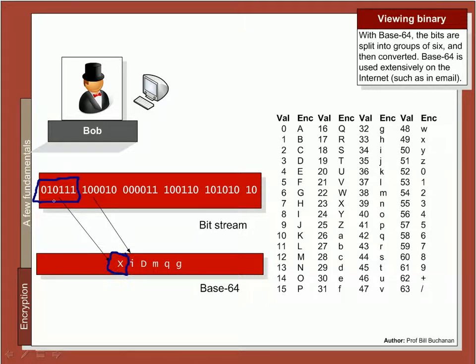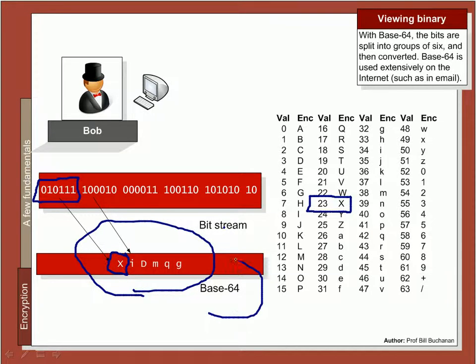So we can see here the first 6-bit stream is 010111, and that is equivalent to a 1, 2, 4, 7, and a 16, which is 23. So 23 represents an X. So this is defined as base 64 format and is a useful way for actually sending binary information over standard text-based protocols.